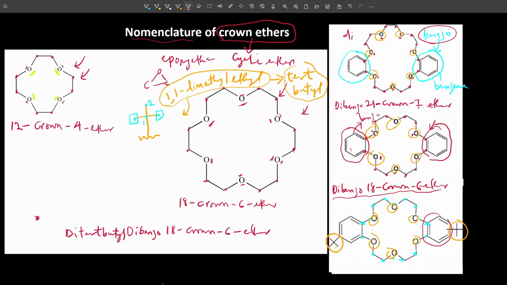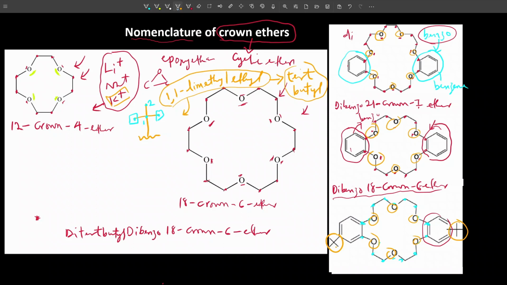The thing here is that crown ethers contain ions like your lithium ion, your sodium ion, and your potassium ion. Looking at the sizes of these ions, you can see the biggest ion of these three is this. So the bigger the size of the ion, the bigger the size of the crown ether, which means that I cannot fit a potassium ion in a 12 crown 4 ether because of the size of the crown ether.